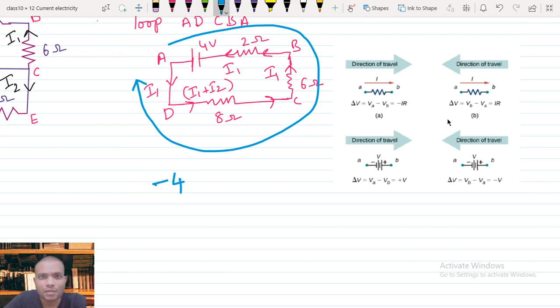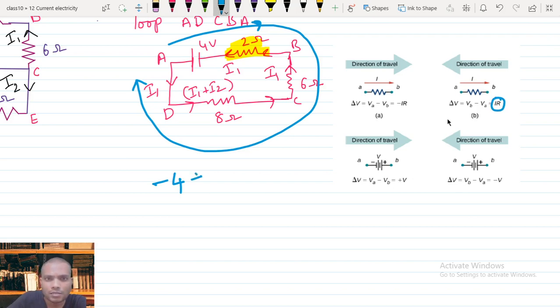Then, considering my direction of traveling and the current in the 2 ohm resistance here, my direction and current direction are both opposite. So for a resistance, if my direction of traveling and current direction are opposite, we need to consider that as positive.